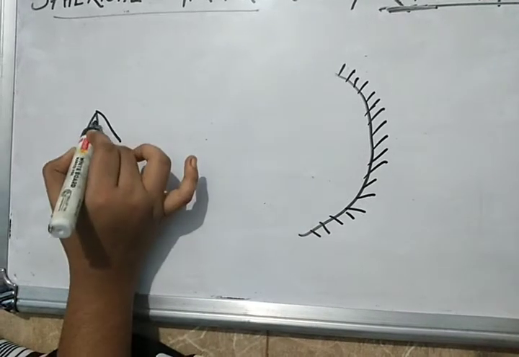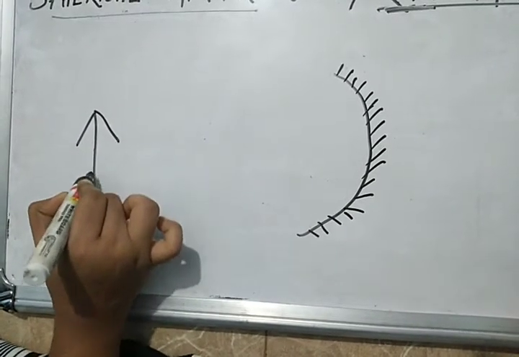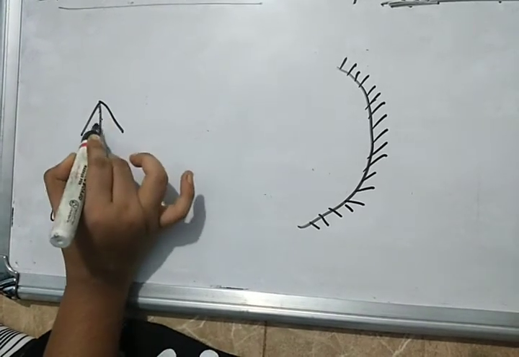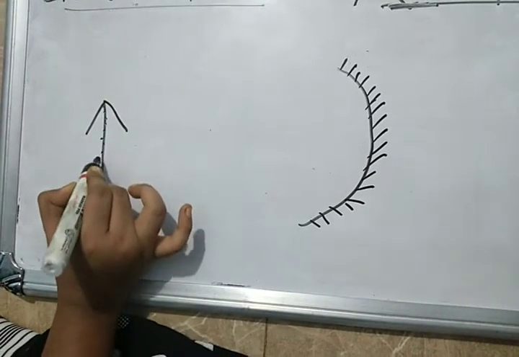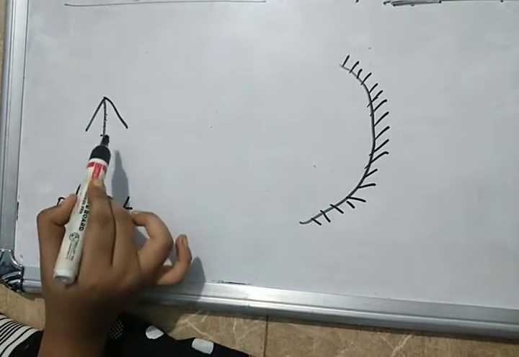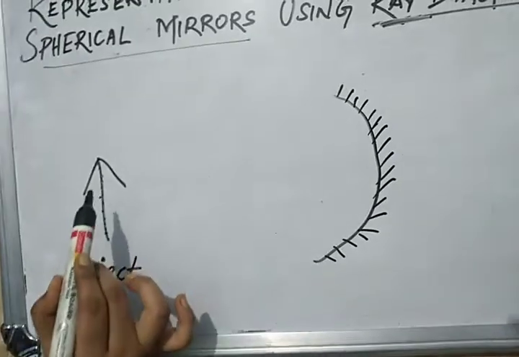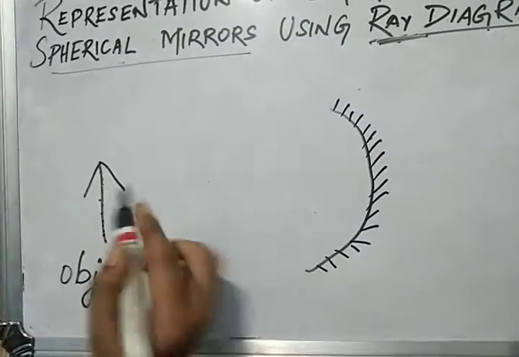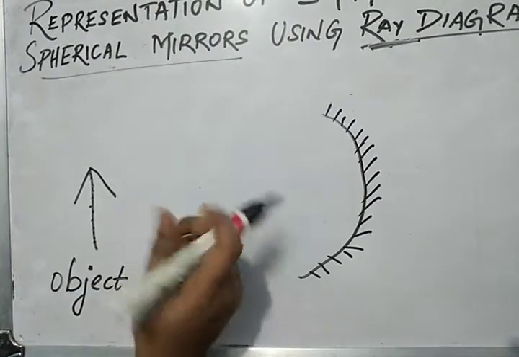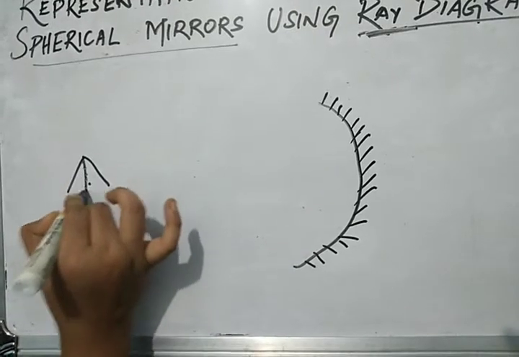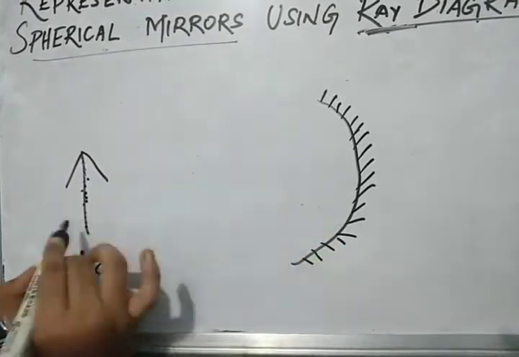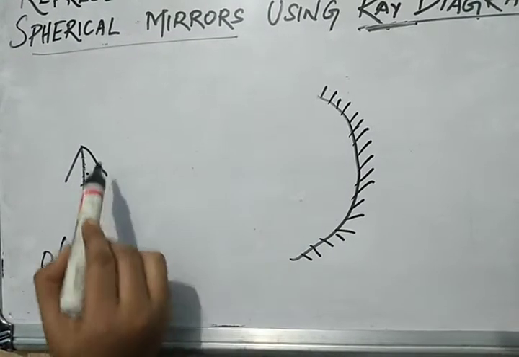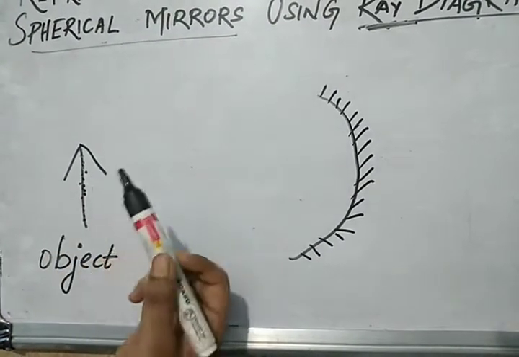Now, each small portion of this object, every single point on this object, acts like a point source. Each point acts like a source of rays, and from each point a number of rays are generated.